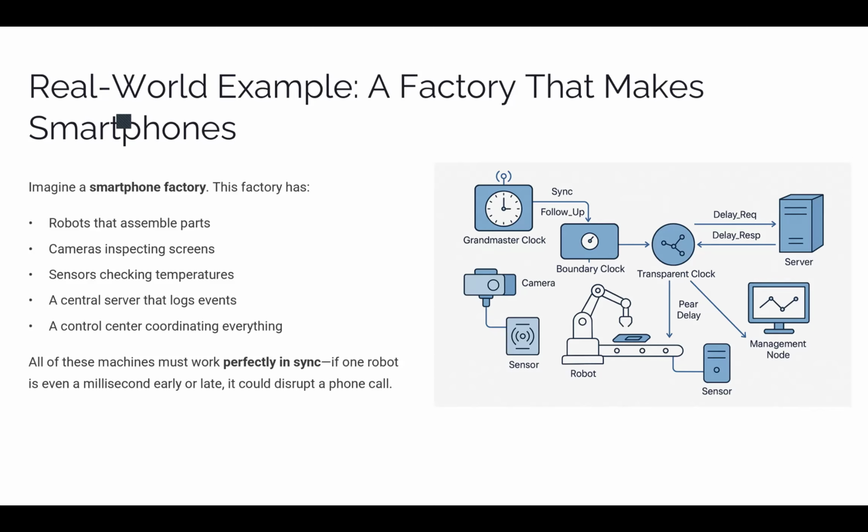For example, in this system, we structure a three-layer synchronization hierarchy. The top layer is going to be the grandmaster. It could be an atomic reference that distributes the time across the system. It is going to be placed in the control center because the control system coordinates the whole system in our factory.